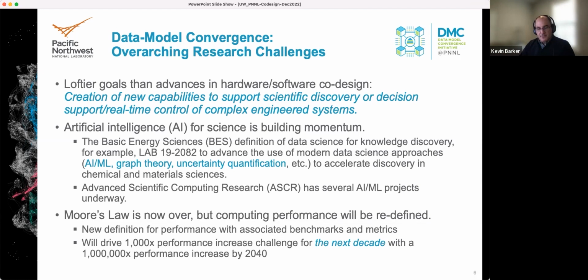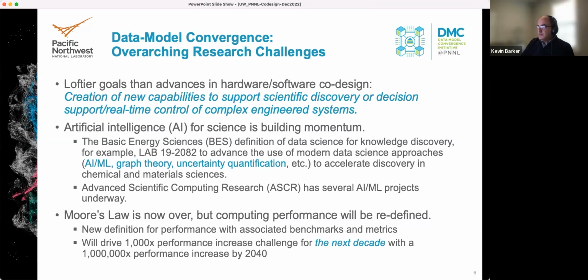And really, DMC kind of began with the recognition, as many people across the computing industry have had, this is not an original thought by any stretch, but the recognition that Moore's law is ending, right? So we can't ride the wave of technology scaling anymore to achieve the computing performance requirements that are going to enable this vision. So we have to have a different approach, right? We can't just wait for the next generation of hardware technologies. We have to think something differently.